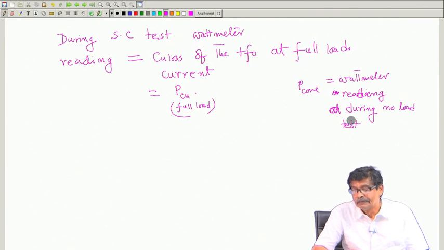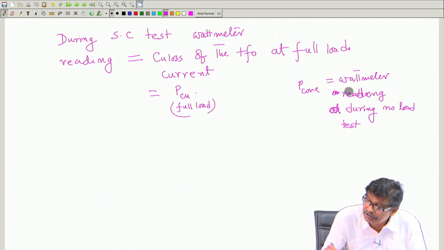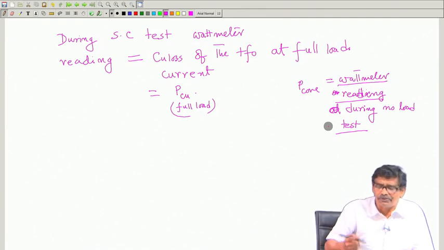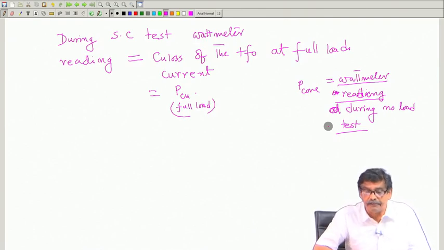So, flux remains same and wattmeter reading was reading only the core loss alone, we neglect the copper loss at that time. So, this is the thing, and which is constant.